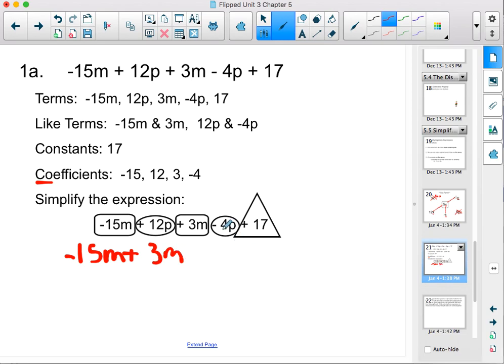No more like terms, but I have to keep going because I'm rewriting the entire expression. So now I'm going to add plus 12p. That's my next set of terms here. Plus 12p minus 4p.